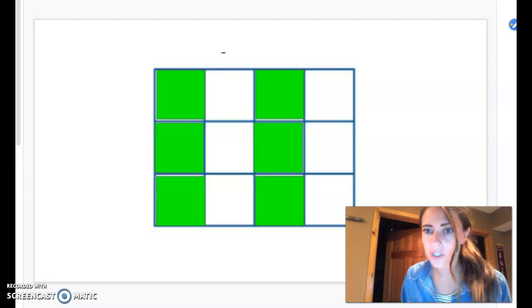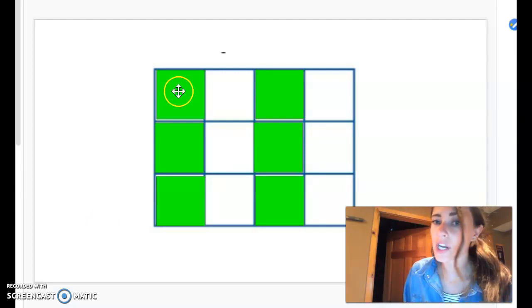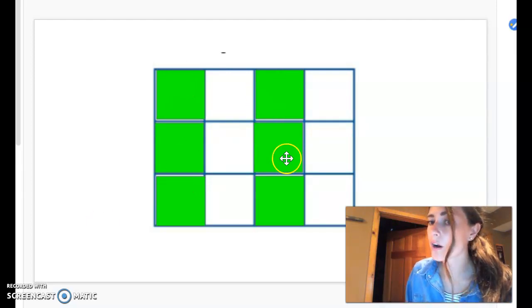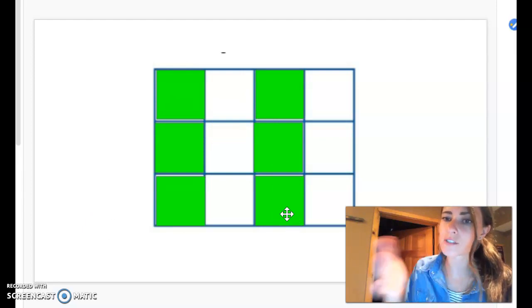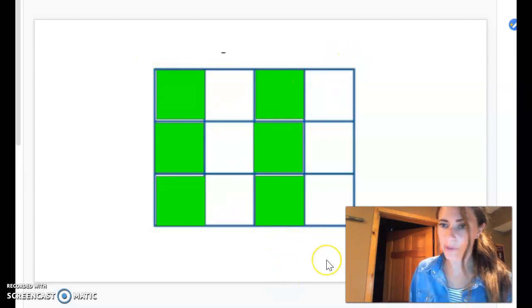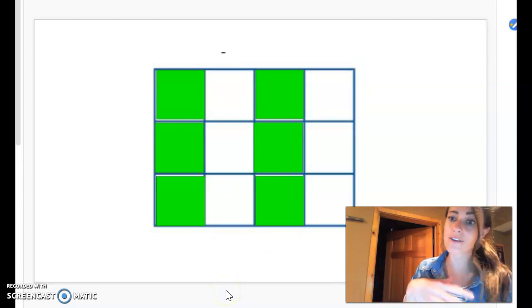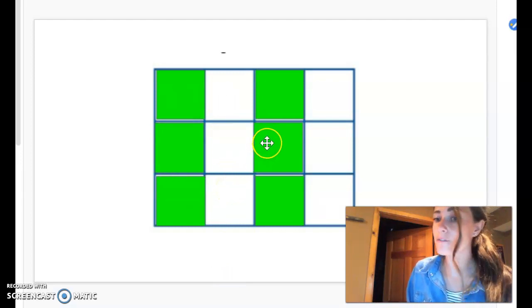So this is what you should have done to get 4 equal shares. So I shaded in 2 of my 4 shares so that it was easier for you to see. So this is 1 share, this is another share, this is a 3rd share, and this is my 4th share. So when a shape is partitioned in 4 equal parts, each of these parts is called a fourth.